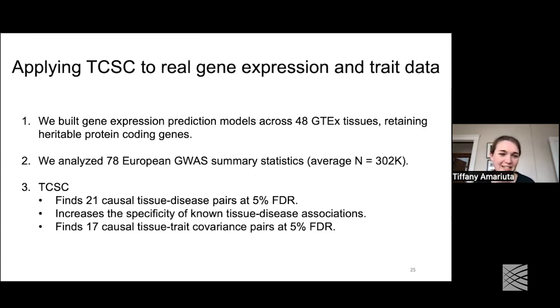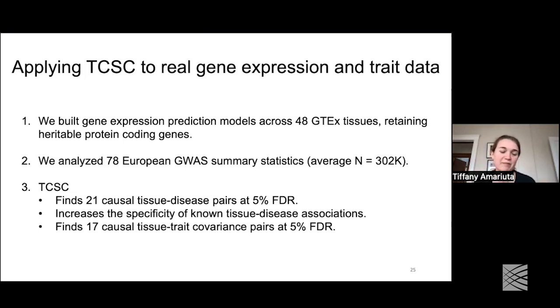We note that TCSC was also able to increase the specificity of known tissue disease associations. What I mean by that is in GTEx, there are categories of tissues such as adipose tissues, and there will be 2 specific ones within that category, or artery tissues, and then there will be, for example, 3 tissues within that category.